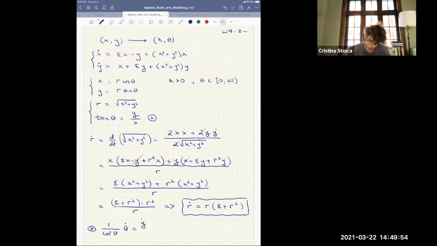So y dot x minus x dot y over x squared. And now if you substitute here y dot and x dot, and x and y, I will not do it. I'll let you finish it. You're going to end up with theta dot is 1. It's exactly like we did it for the r dot.